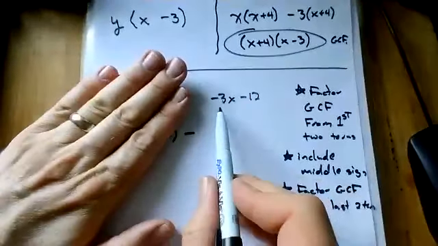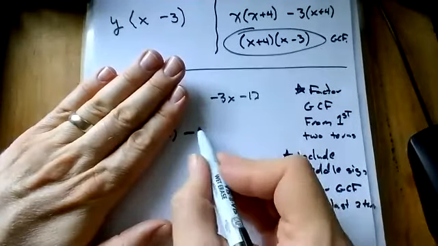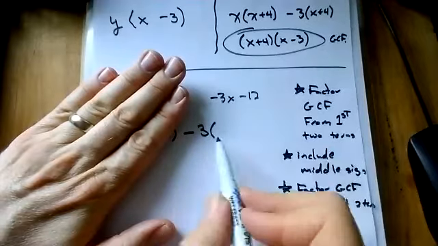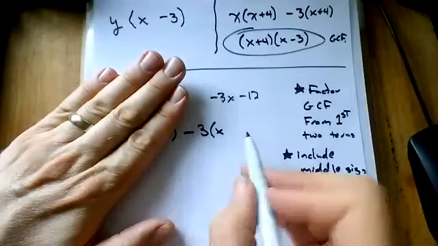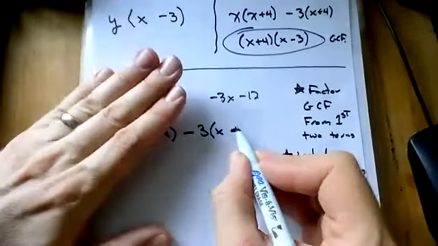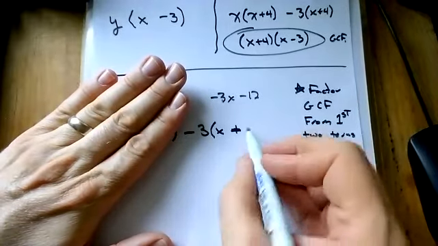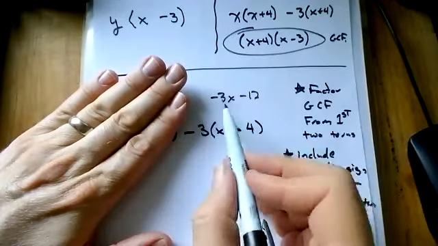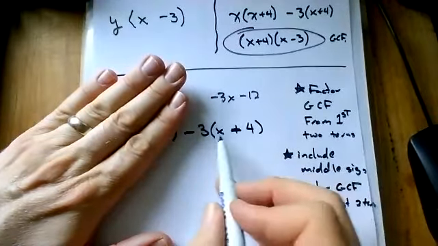So if I look at that, I'm factoring a negative 3 out of both of these. Now, this one's a little bit trickier if I factor out a negative. Negative 3 times what is minus 3x? Oh, negative 3 times x is that. Negative times negative is positive, but negative times positive is negative. So when I factor out a negative, both of these signs flip. So I'm taking out a negative from both of them.